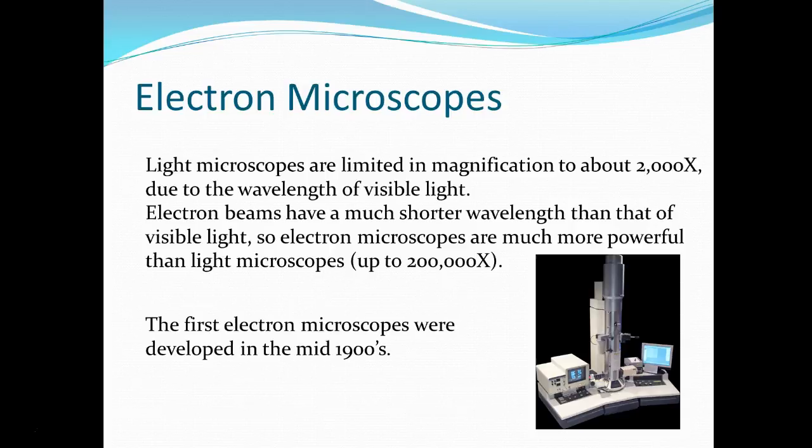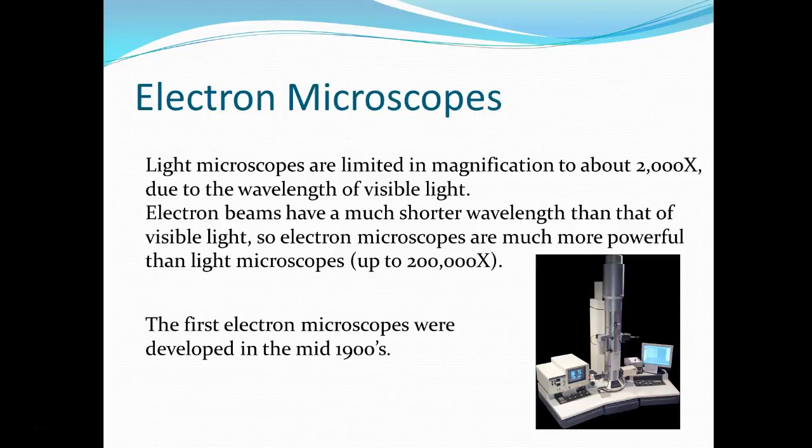And that continued until electron microscopes were invented, and that was in the mid 1900s. Light limits magnification to about 2000 power. In the microscopes that we have in class, the most powerful ones, some of them have 4 lenses in their revolving nosepiece, and the biggest lens is a 100 power lens, so that goes up to 1000 total magnification.